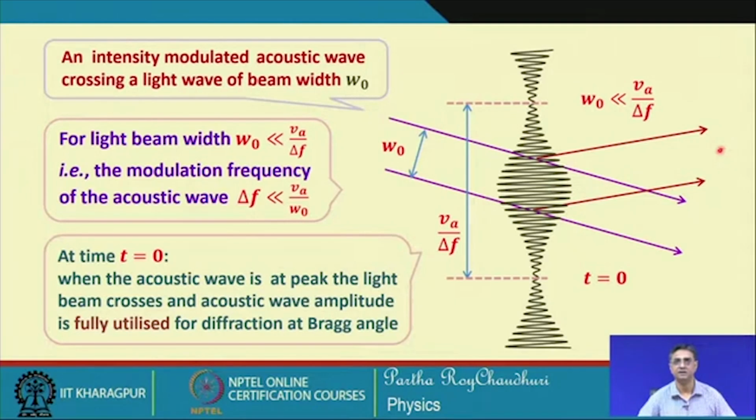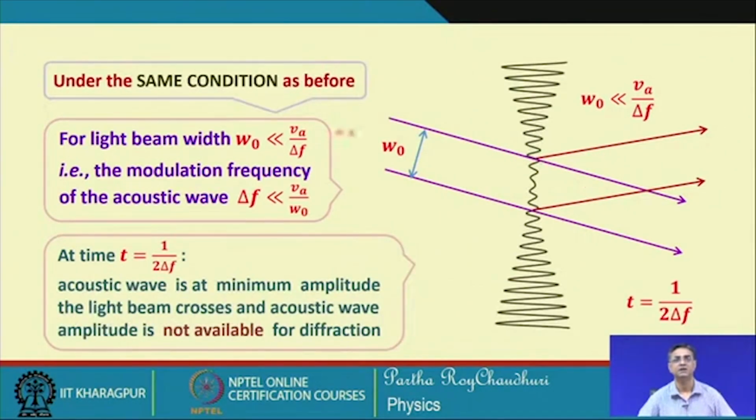Next, consider the other situation under the same condition. You have this optical beam of the same width passing through the same position, but this time the acoustic beam is travelling in such a way that it is now here. The beam is just at the position where the acoustic wave is at minimum amplitude, and this timing, we know from the property of the acoustic wave, must be t equal to 1 by twice delta f. This is the time starting from t equal to 0.